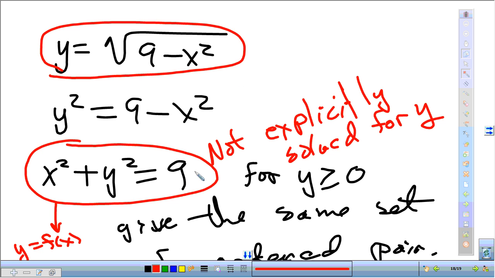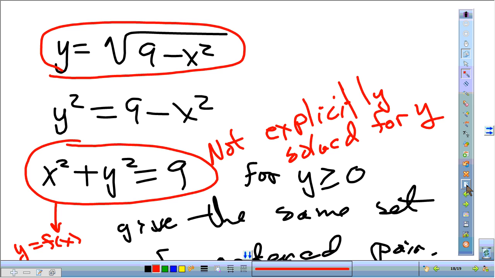One's explicit, one's implicit. There are certain things nice about one. It's sometimes nice to solve, so we have a formula that's quick. But on the other hand, the one definition that has no square roots is a nice polynomial equation. So that can be rather nice. So we have reasons for explicit definitions and implicit definitions.